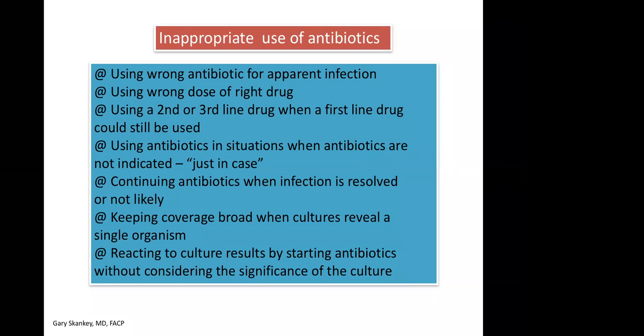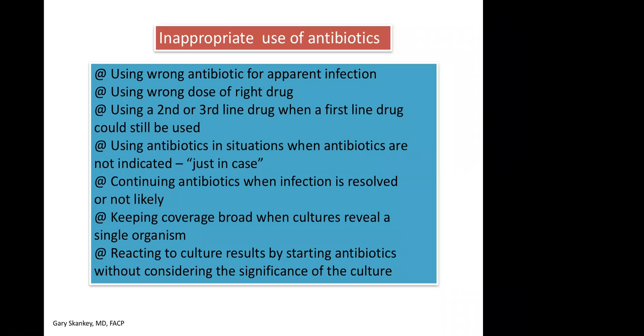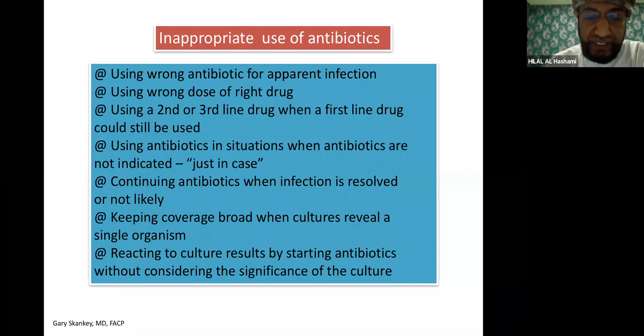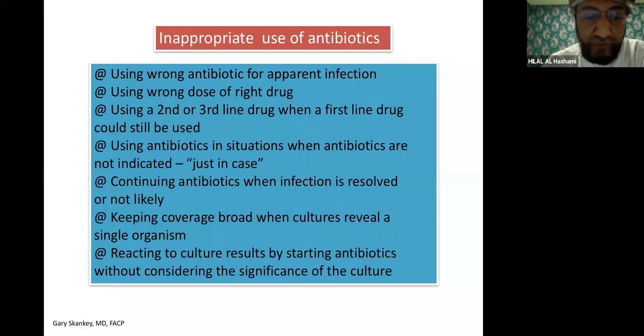Inappropriate antibiotic use has different forms. For example, using the wrong antibiotic for an apparent infection, where you know the organism and which antibiotic to use, or using the wrong dose of the right antibiotic, or using a second or third line drug when you have a first line drug for that infection, or using antibiotics in a situation where antibiotics are not indicated, just in case, or continuing the antibiotics when the infection is resolved or not likely, or keeping the coverage broad when the culture reveals a single organism, and reacting to the culture by starting antibiotics without considering the significance of the culture.